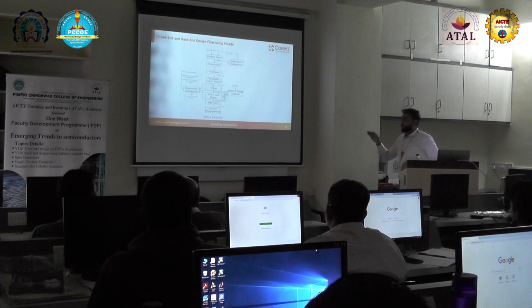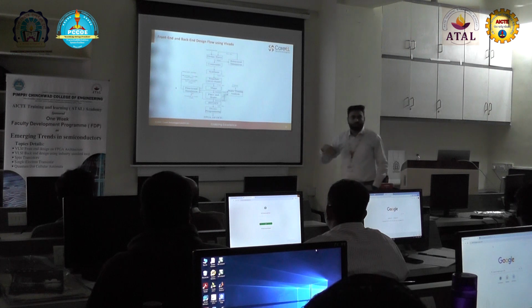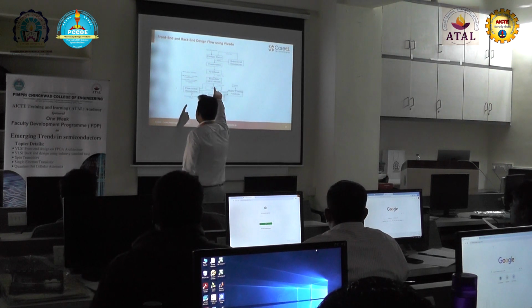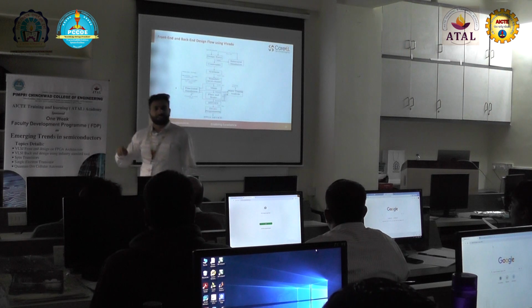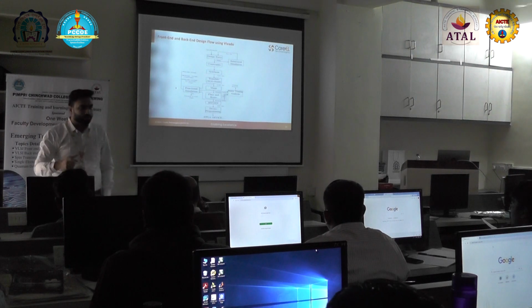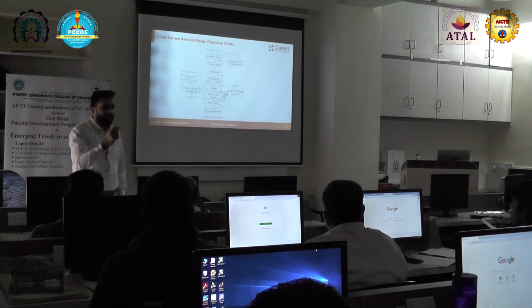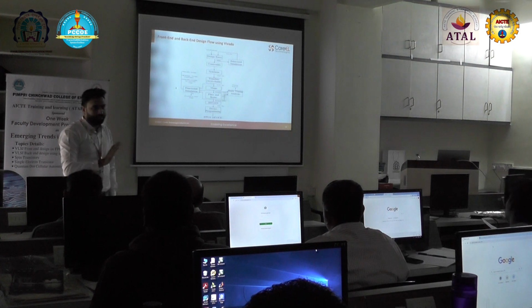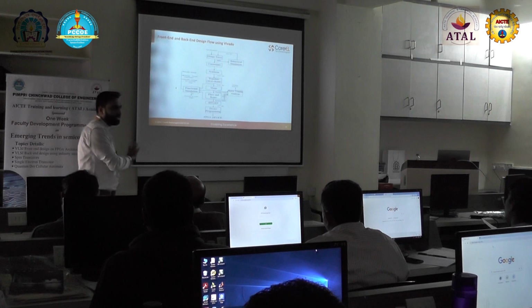But when it comes to Vivado, you don't need to do the IO planning or floor planning. By taking the constraints file as an input, it will do the IO planning and floor planning. Because all the input-output assignments you give are in the constraints file itself. That's why you don't need any alteration.